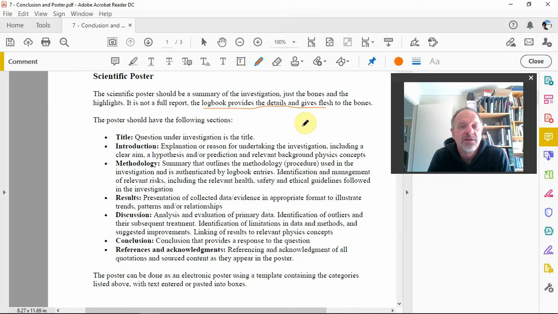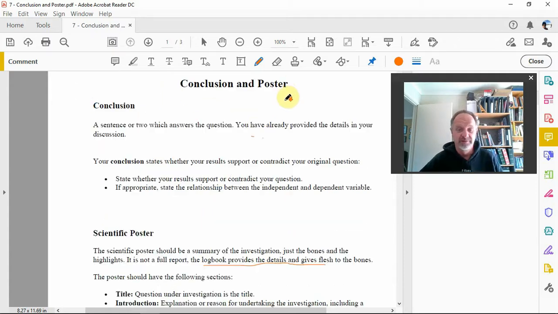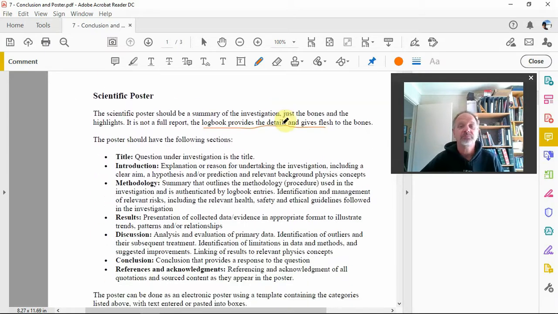All right, so the title, the question under investigation. Let's go back to our thing. The title is, does mass affect the time of whatever it is you're looking at? Introduction. The introduction is the explanation of the reason for undertaking the investigation, hypothesis, and predictions, and relevant background physics concepts.